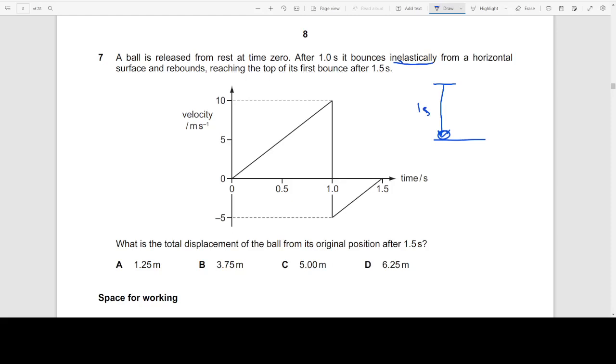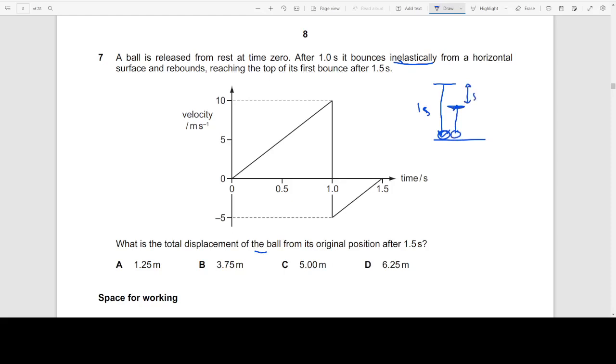Okay, so we just have to calculate the total displacement of the ball from its original position. So it goes up and it reaches. We just have to find this displacement.